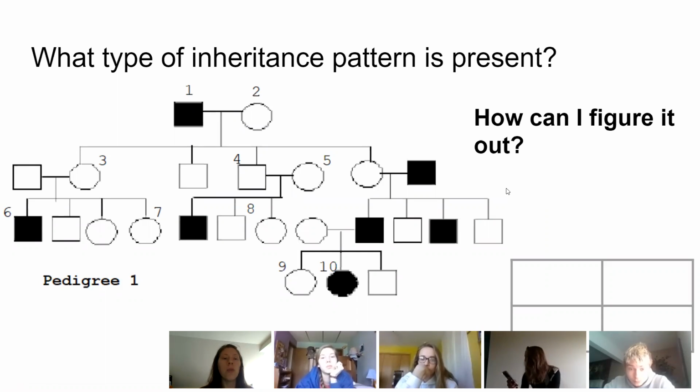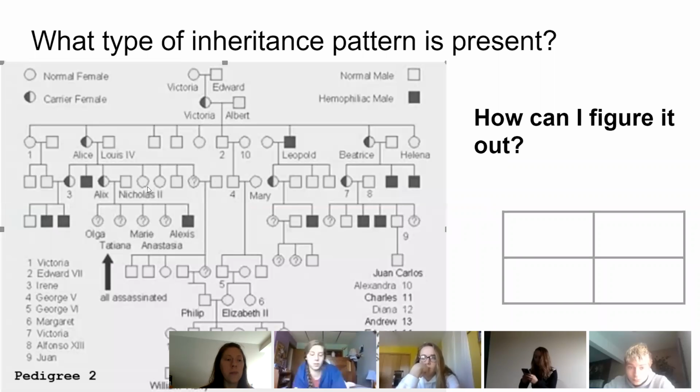So what I do first is, it kind of depends on the information they give you in the pedigree. For instance, the second one, I knew right away that this was sex-linked, even if I hadn't known about hemophilia being sex-linked, because of this carrier female up here in the key. That helps me know, oh, this is a sex-linked trait.